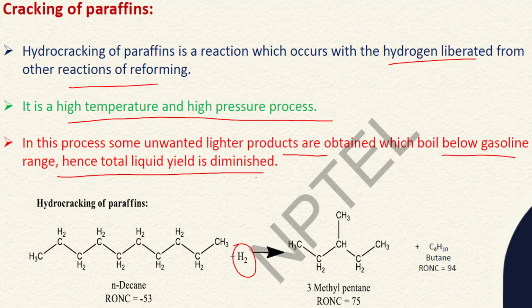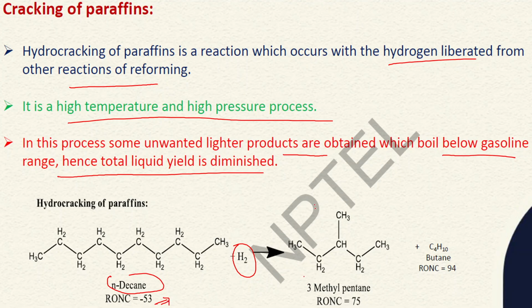Paraffins are not desirable in a gasoline cut, so they are cracked down into smaller products. As we can see here, this n-decane, which has a research octane number of -53, is broken down.